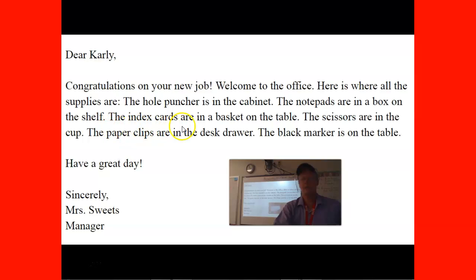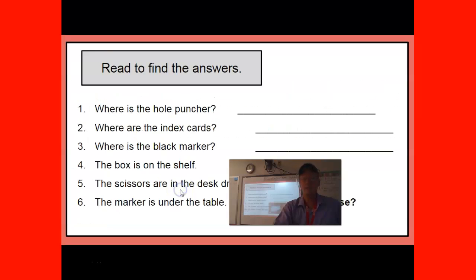The index cards are in a basket on the table. The scissors are in the cup. The paper clips are in the desk drawer. The black marker is on the table. Have a great day. Sincerely, Miss Sweets, manager.